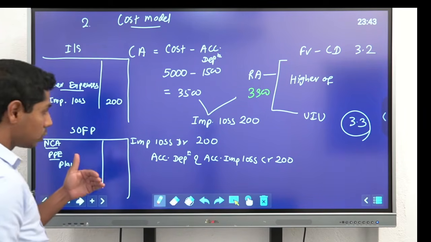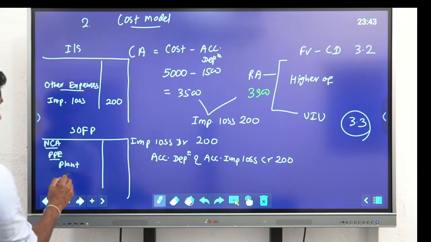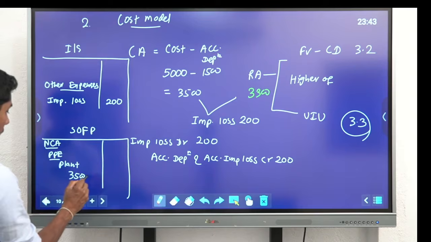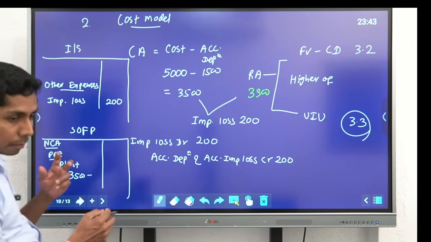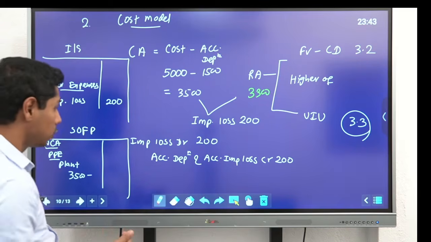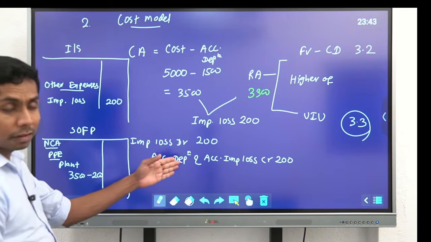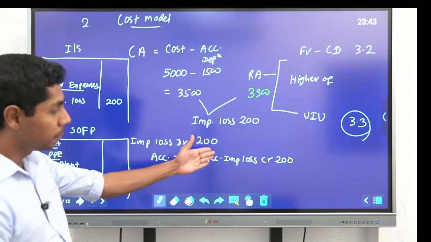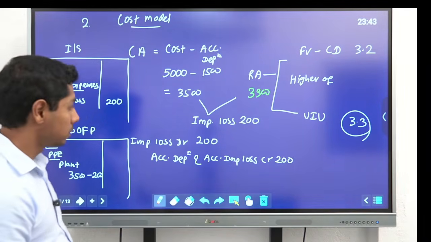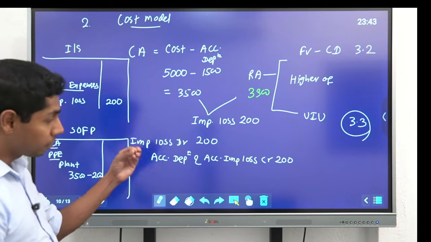The earlier carrying amount is 3,500, and now we recognize another amount, that is the impairment loss of 200. So it will reduce the asset carrying amount because the accumulated depreciation and accumulated impairment loss balance is deducted from the asset.